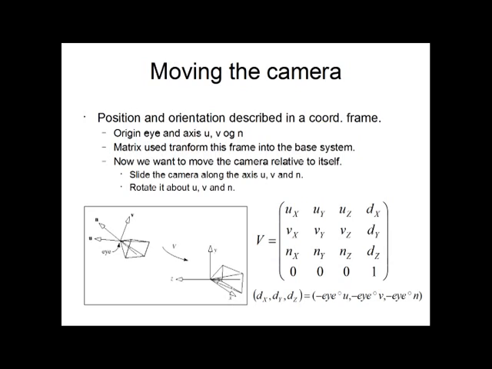We might want to rotate it around itself, either by looking up and down, rotating around the U vector, looking to the sides, rotating around the V vector, or rolling to the sides, much like a plane that's taking a turn, rotating around the N vector.